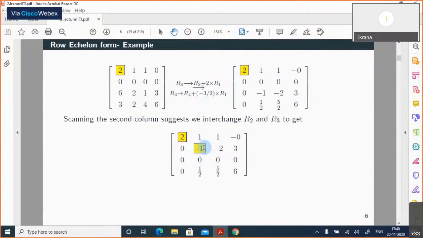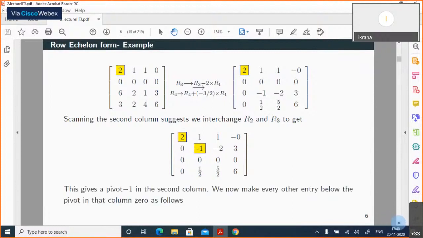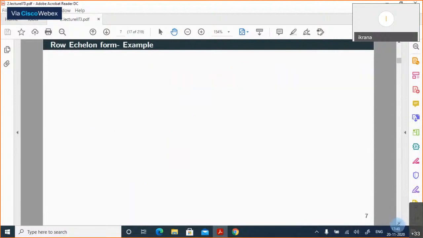So once again, this is already 0, so we don't have to do anything. For the bottom part, multiply this by 1 by 2 and add here, this will become 0. And go on doing. So elementary row operations, only the ones we specified, we are doing.